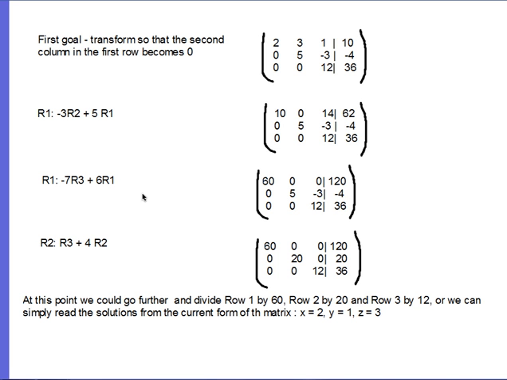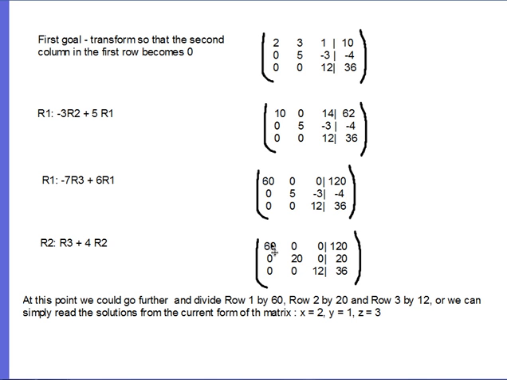Have I typed that correctly? Hang on. Yeah, that's right. So we go through that process, and that reduces this 14 down to 0. And then finally we want to reduce this negative 3 here down to 0. We do that by adding row 3 and 4 times row 2. And we get 0 there.